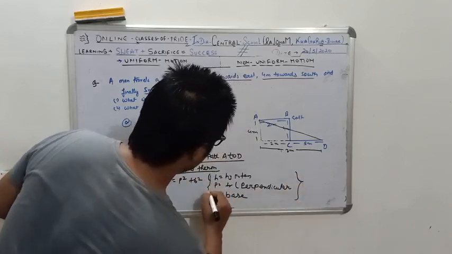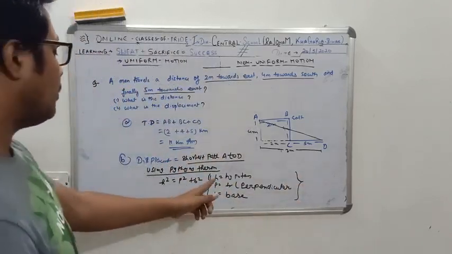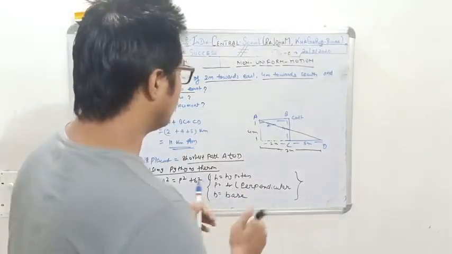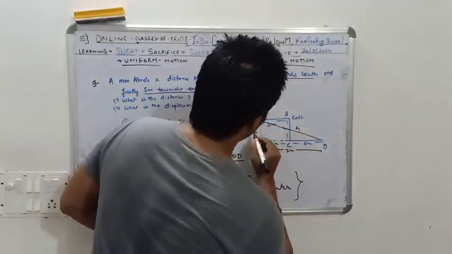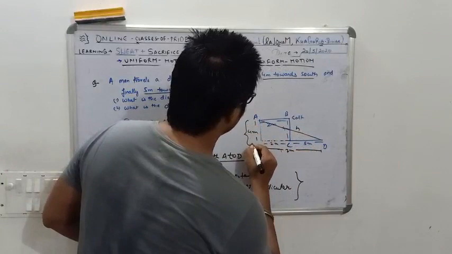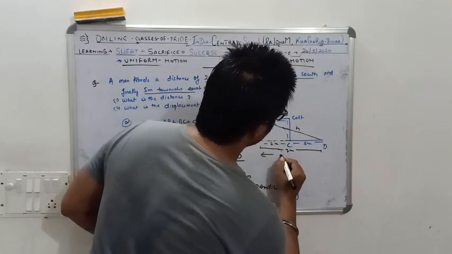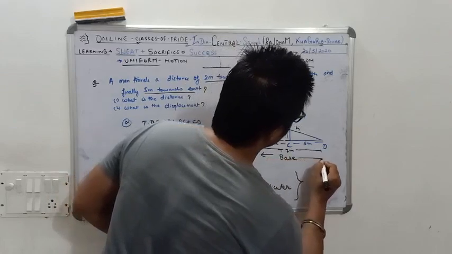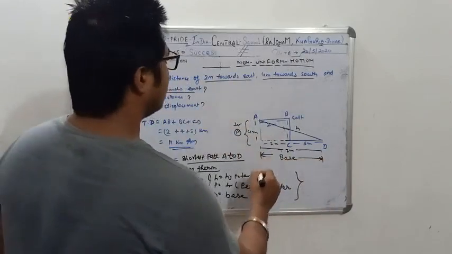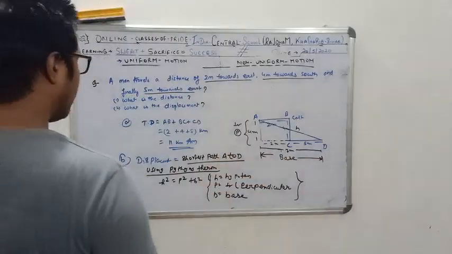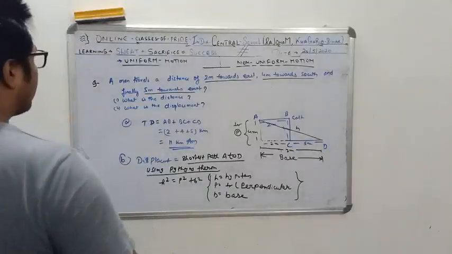This is h, this portion is the perpendicular, or what we say as p, and this is the base. So how will I calculate this? h square is equal to p square plus b square.